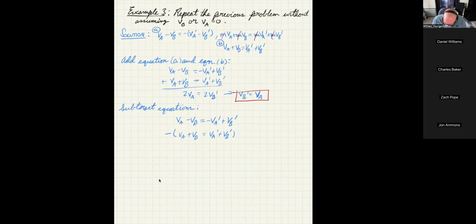Now, notice the minus goes across the whole thing. So now I'm getting VA minus VA on the left-hand side, but I'm getting negative VB minus VB. So this would be negative 2VB. On the right-hand side, I'm getting negative VA prime plus negative VA prime gives me negative 2VA prime. And I'm also getting VB prime minus VB prime, so that's all. And in fact, this one gives me that VA prime is actually just equal to VB.